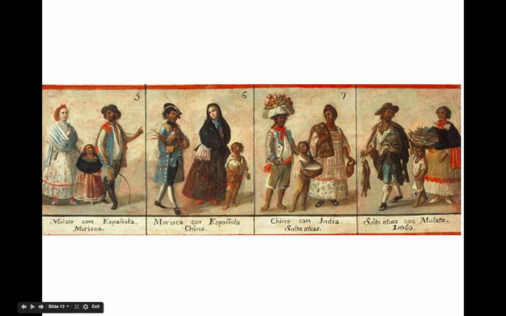The one thing I find totally crazy is how some of the words end up being. So if you have a Salta Atrás father, which is a blend of all the other things that we just said, including Indian, and a mulatta mother, then you are a Lobo. Lobo is a word for wolf. So they're kind of saying like you're a dog. So it gets pretty offensive.